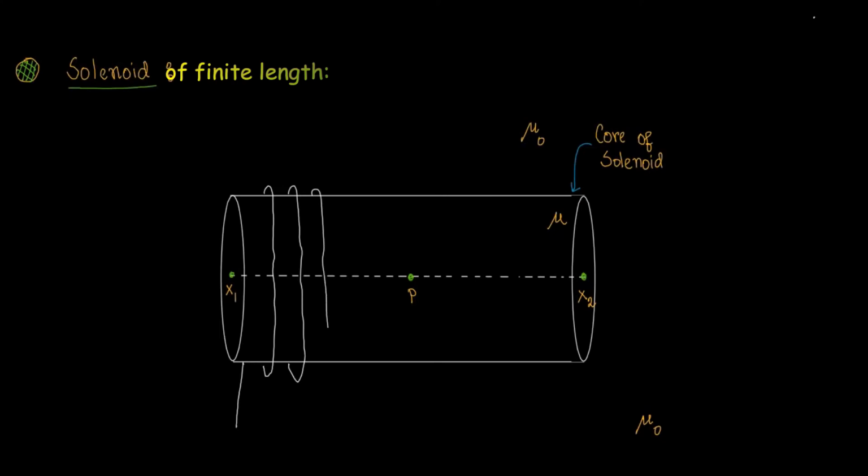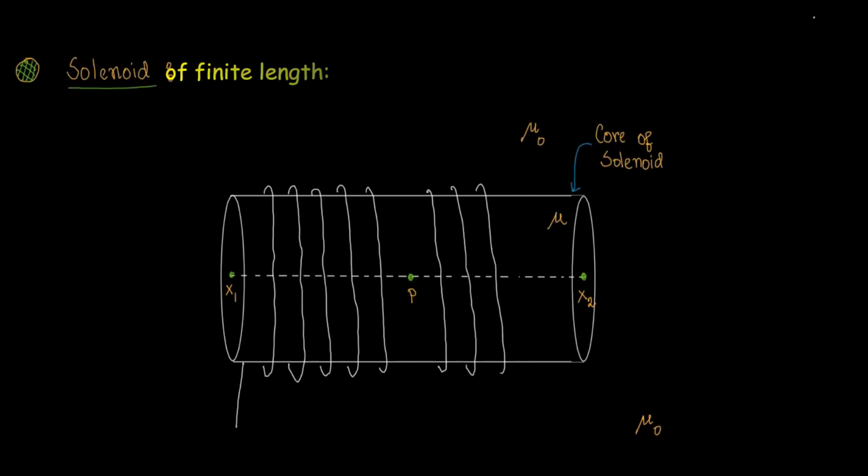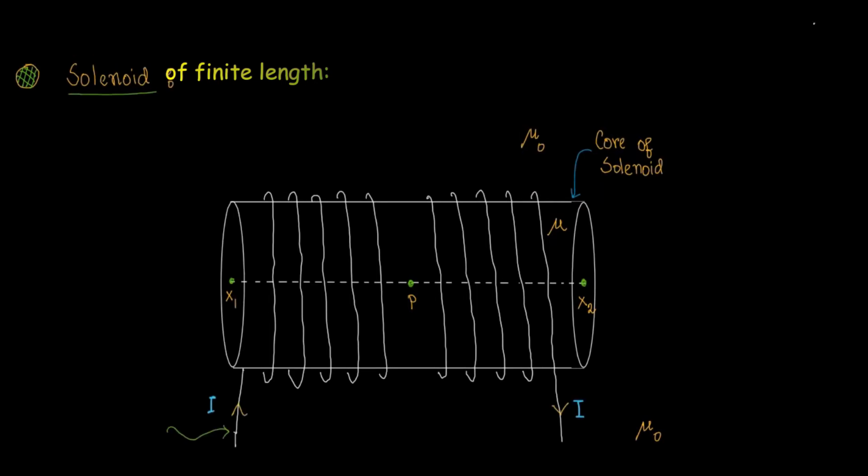An insulated copper wire is wound on this cylindrical core in the form of a helix, and an electric current I is sent through this insulated copper wire. That is, a current I is flowing through the insulated copper wire which is wound in the shape of a helix on the cylindrical core.